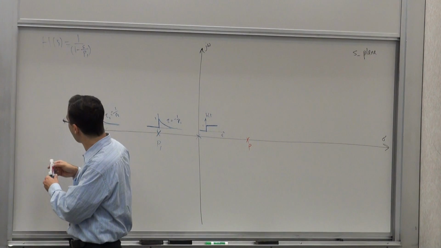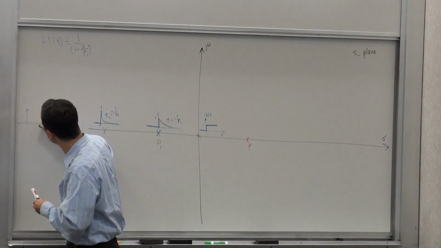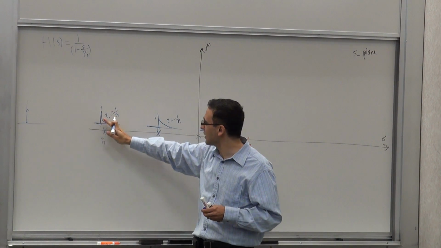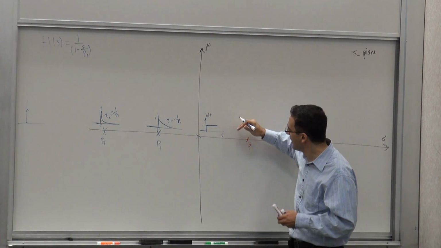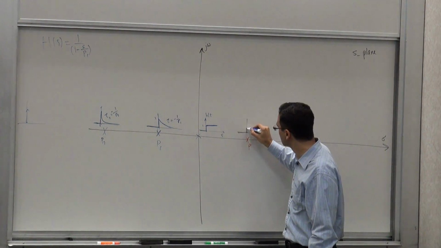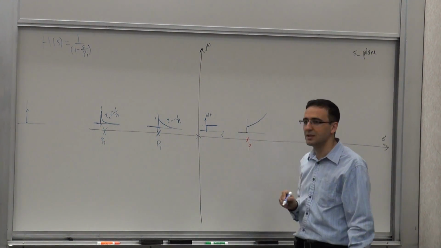All the way out here, the impulse response was the impulse. And then you gradually become slower and slower and slower to get there. And then what should happen? Then here, you will see it growing exponentially. Something that's exponentially growing.